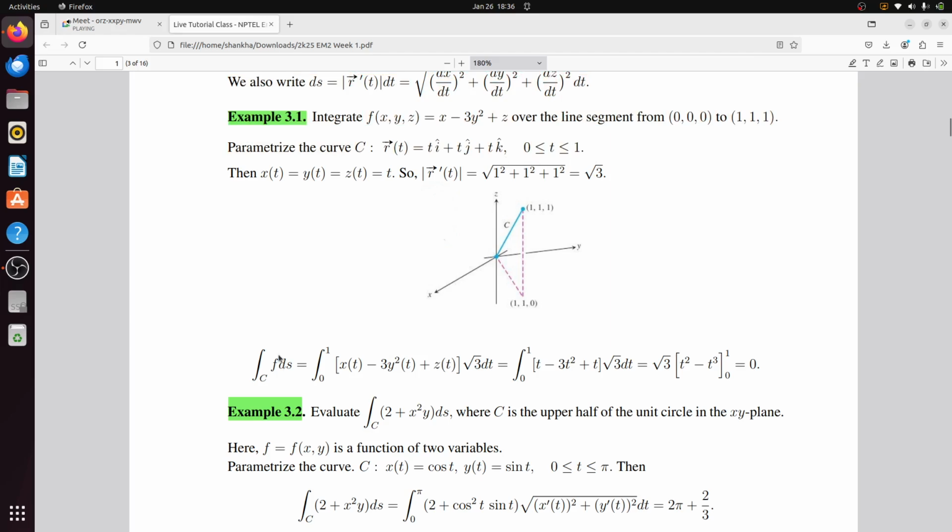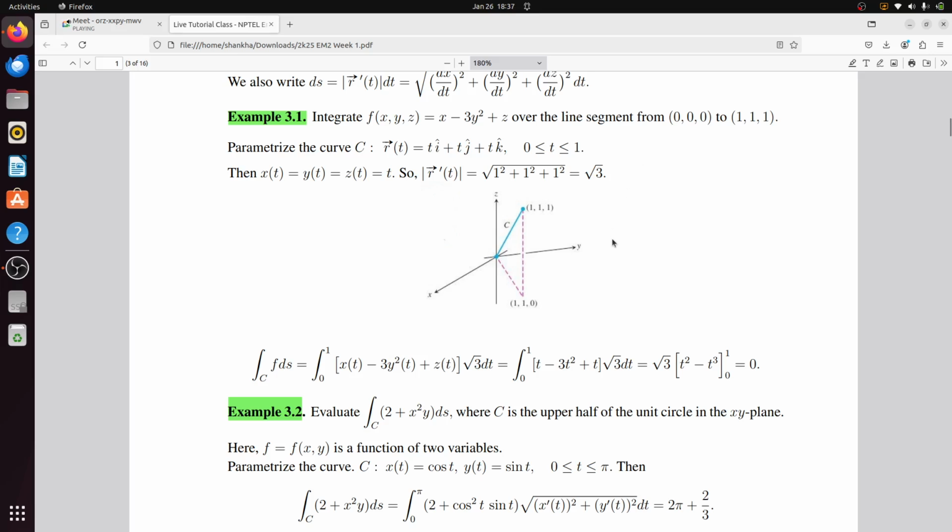Is it clear? Sir, is there any general method? No, there is no general method. If your points are varied, then your parameterization will also vary, right? Because if I had taken 0 0 0 to 1 2 3, then your parameterization would be r(t) equal to t i cap plus 2t j cap plus 3t k cap, where t varies from 0 to 1.